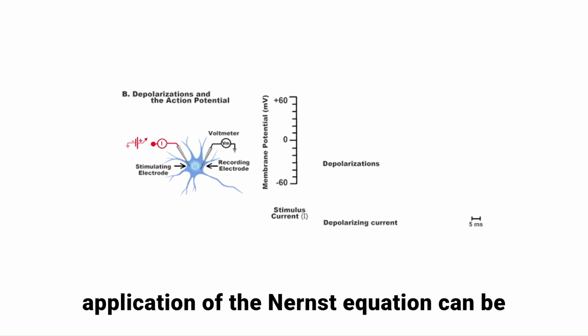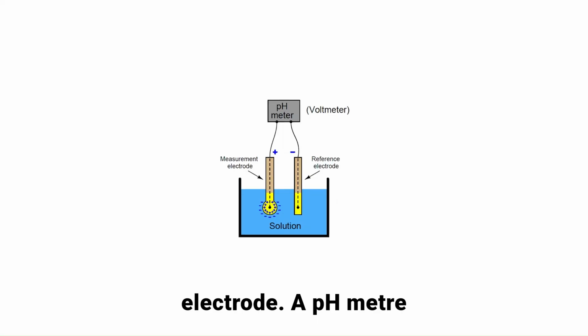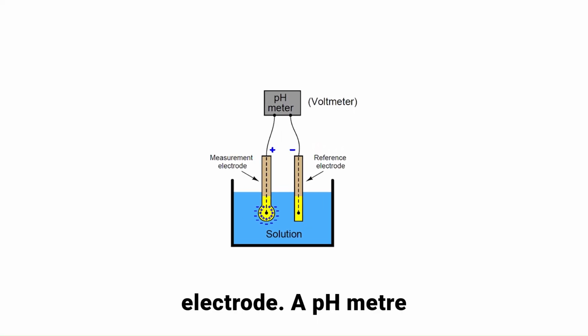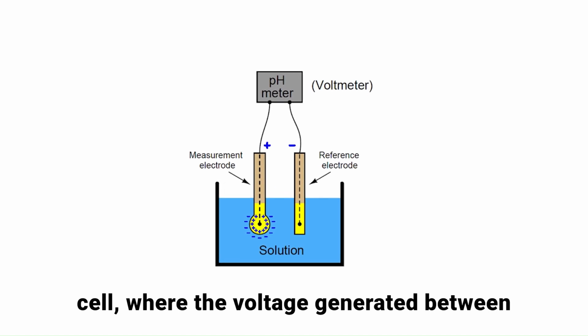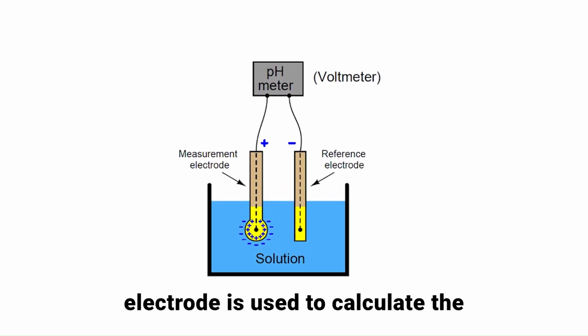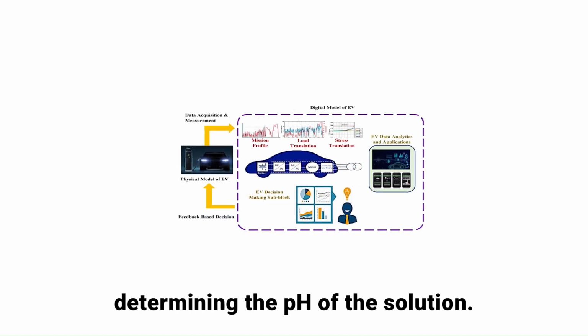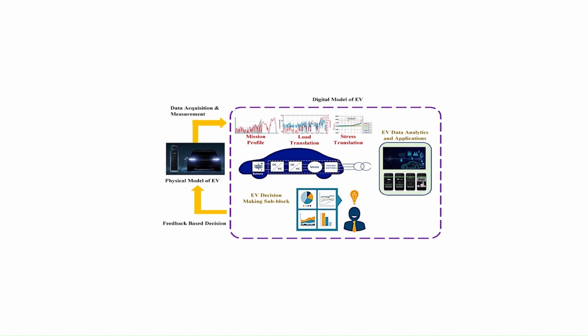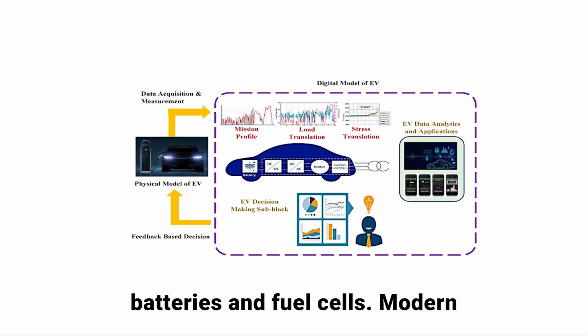A practical application of the Nernst equation can be seen in pH measurement using a glass electrode. A pH meter essentially functions as a concentration cell where the voltage generated between the reference electrode and the glass electrode is used to calculate the hydrogen ion concentration, thereby determining the pH of the solution. Another significant application is in batteries and fuel cells.